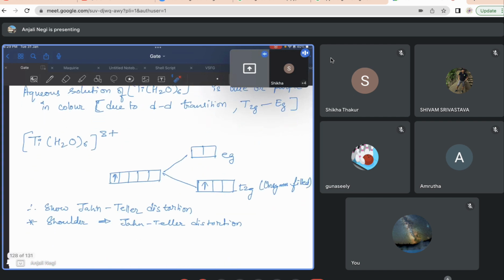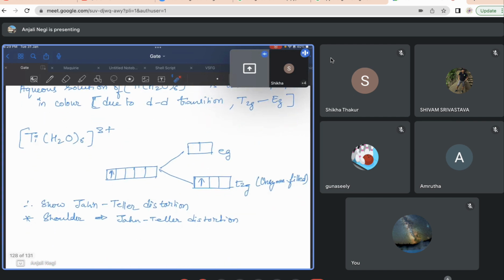But our main concern was about the shoulder that we are experiencing in our absorption band. You can explain that as follows. In our octahedral complex, this was my titanium 3 plus, which basically gives me argon 3d1 configuration. As you write it down here, this is my 3d1.